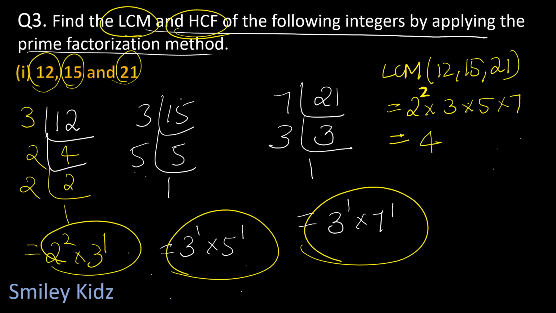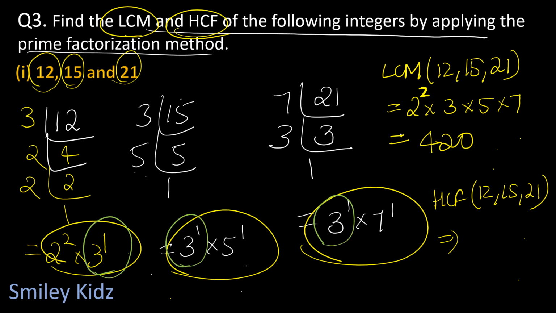That is equal to 420. And then we have the HCF of the three numbers 12, 15 and 21. What is HCF basically? It is the product of the smallest powers of the common factors. Now we observe that 3 is common in all the cases, and its least power is 1. So 3 to the power of 1, which is 3. Therefore, the HCF of 12, 15 and 21 is 3, whereas the LCM is 420.